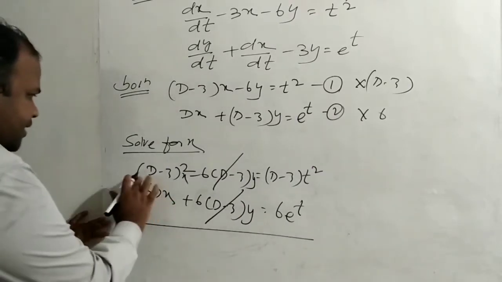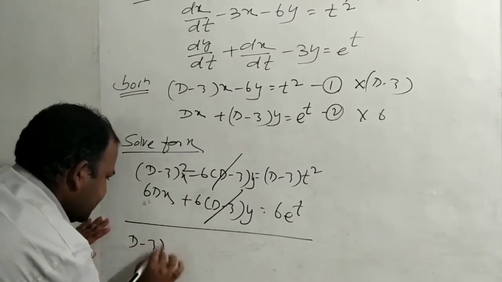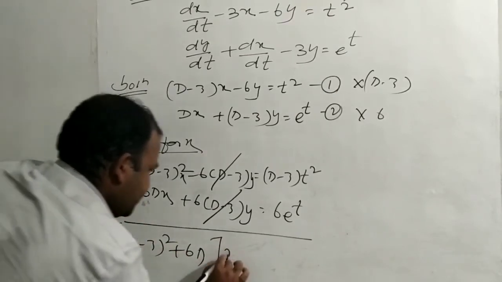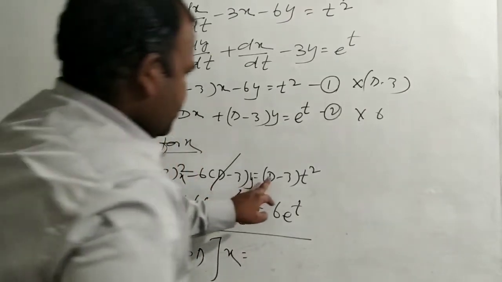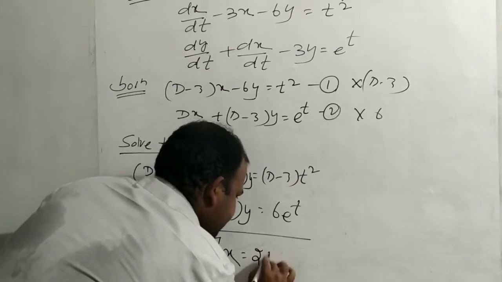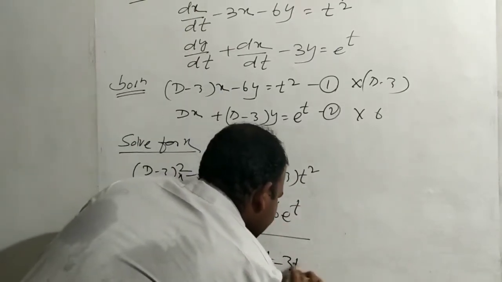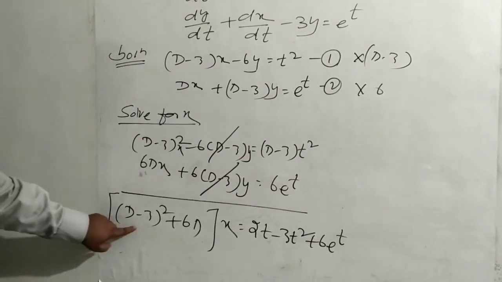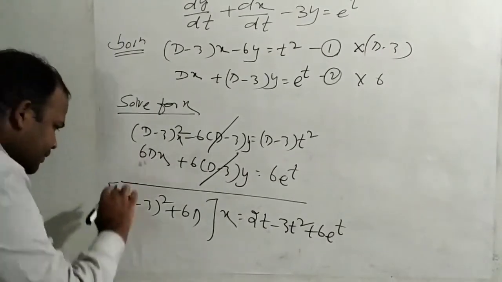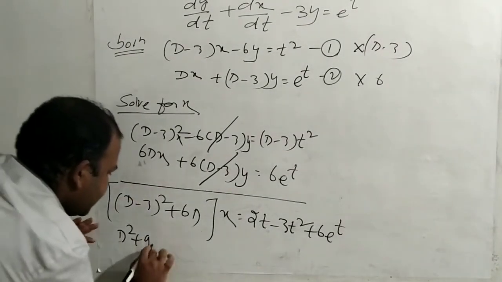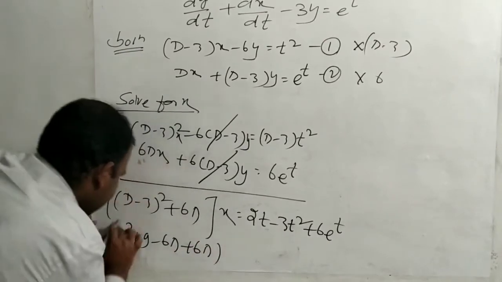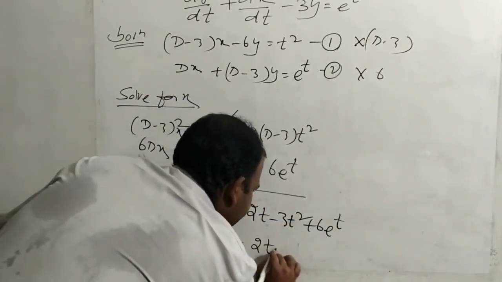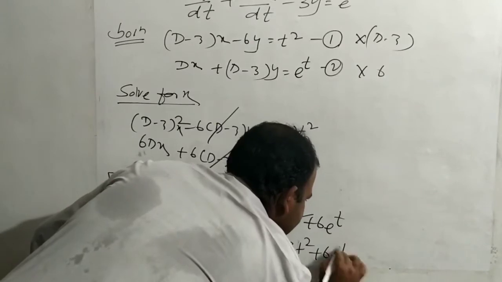So this is ((d minus 3) whole square plus 6d) x equals, where d means derivative, you do it, 2t minus 3t square plus 6 e raised to t. Now this one you will solve.